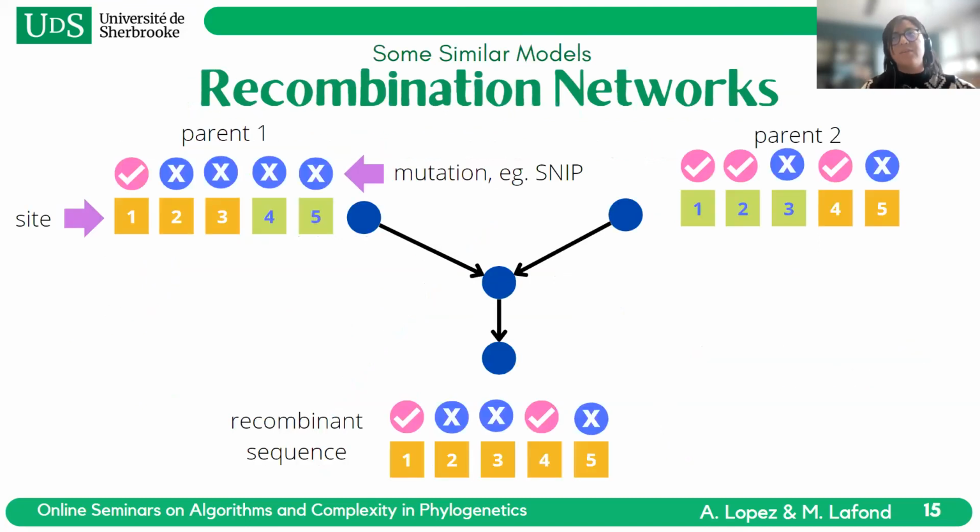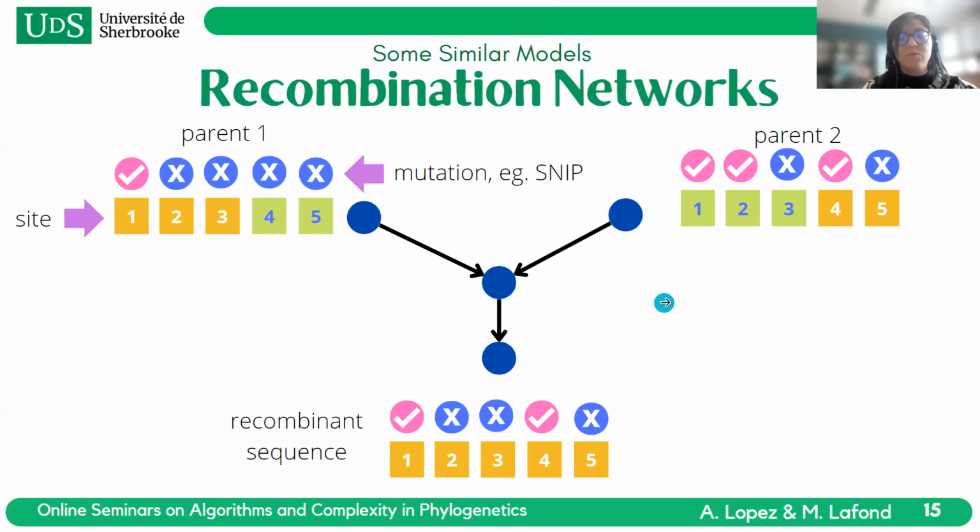Throughout the literature, there have been similar models to ours, but they have been used to study other evolutionary phenomena, such as recombination networks. Recombination networks emulate the genetic recombination of sequences that produce new offspring. Here, we have ordered sequences, where every site represents a mutation, for example, a SNP, a single nucleotide polymorphism.